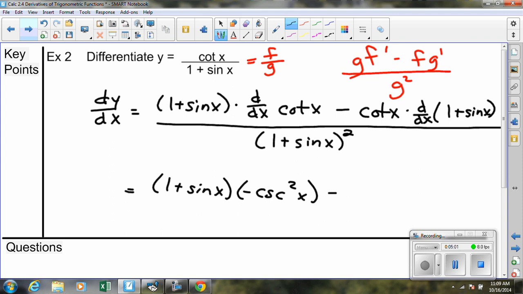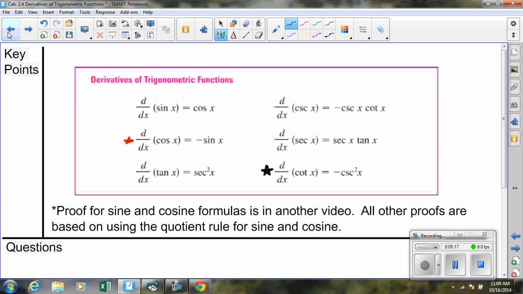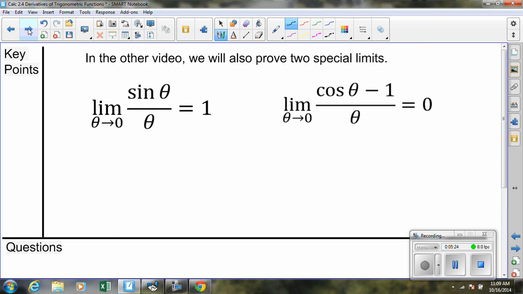Subtract cotangent multiplied by the derivative of 1 plus sine of x. Derivative of 1 is the constant 0. Derivative of sine equals, coming back over to our table, the derivative of sine equals cosine.